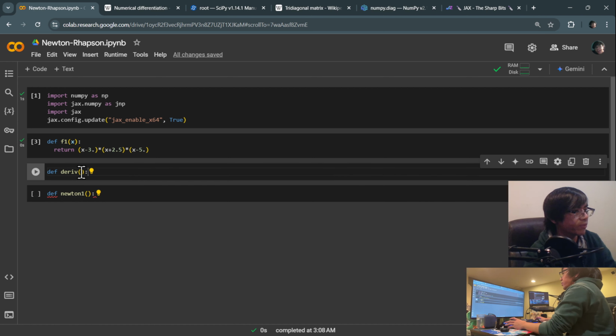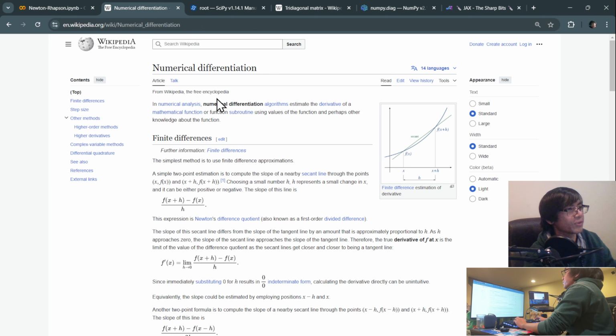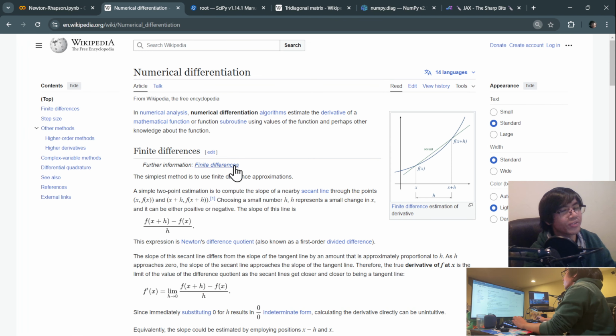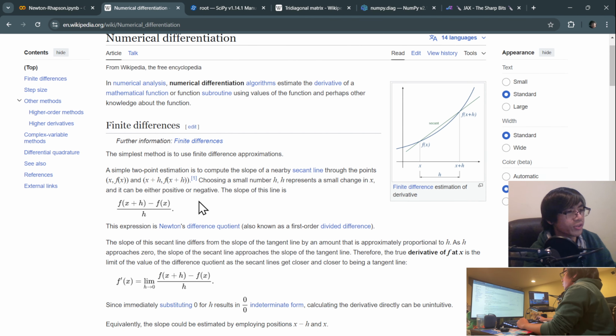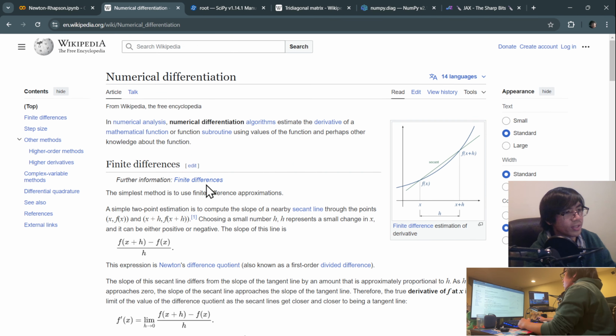For the derivative, we want this to take our function as well as some value x. Again, I have this pulled up. It's called numerical differentiation, a very simple way, much simpler than jax.jacobian, but this is how we can get the derivative of our function for a finite difference h. In our case, we'll be using dx for h. So dx is the finite difference, or h, they use here in this Wikipedia article.